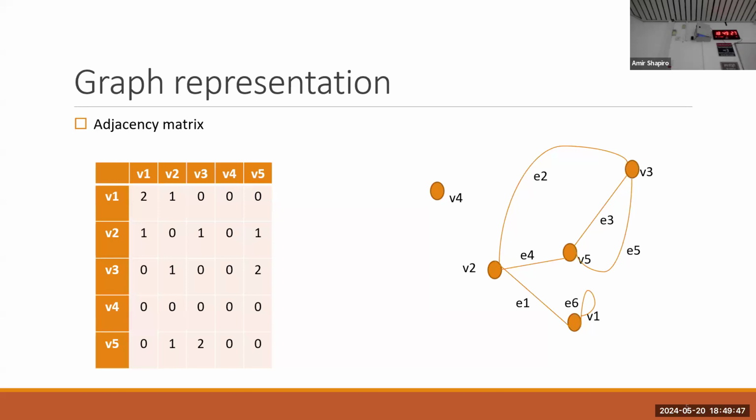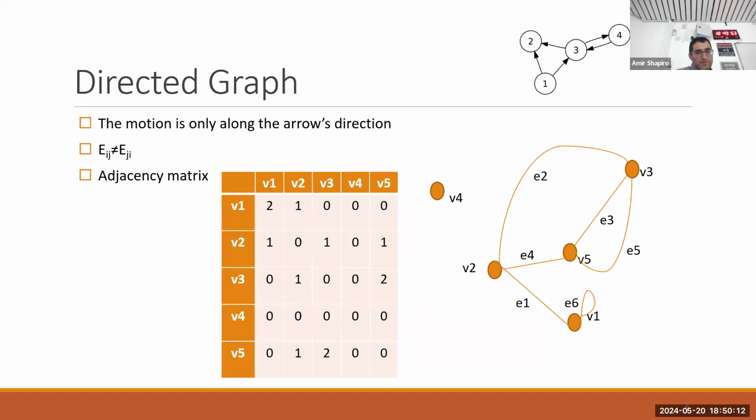Here it's the number of edges, but I think it should actually be the distance, or rather the list of edges, the index of the edge.